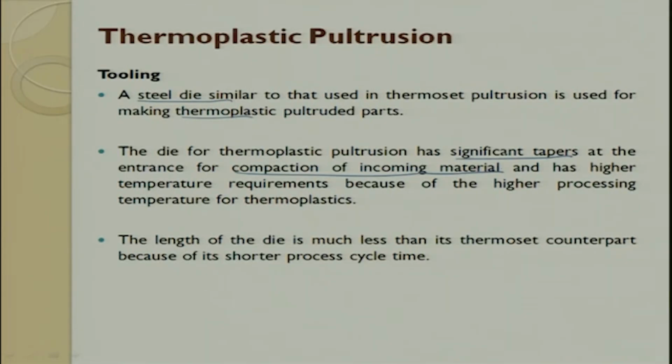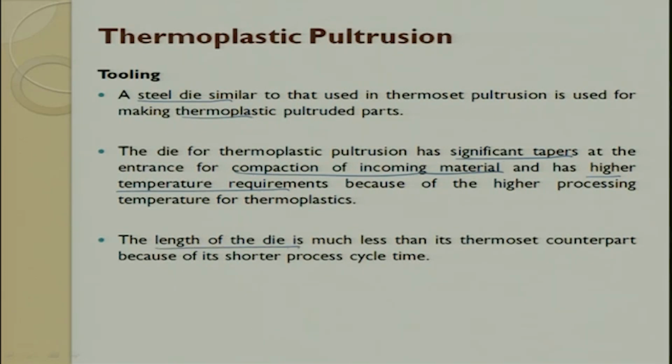And when you have a taper, just by room temperature you cannot get consolidation. We always apply high temperature, which is required for consolidation. So, these steel dies are heated and then they are tapered so that you get the required result.